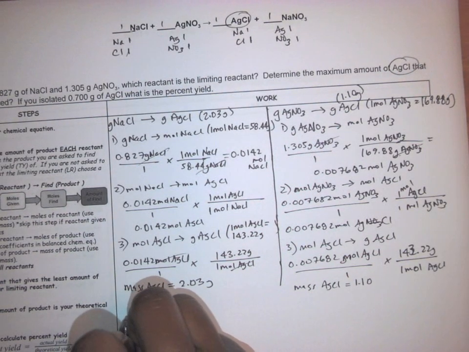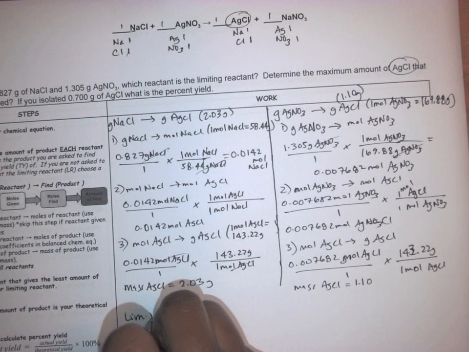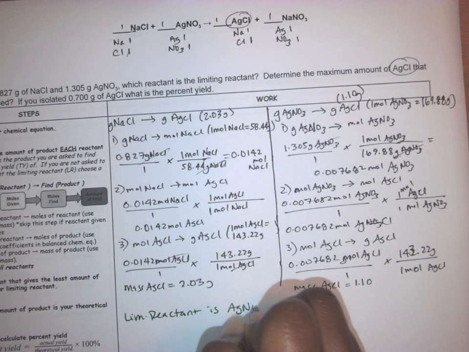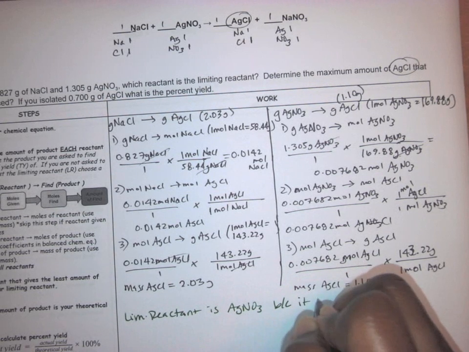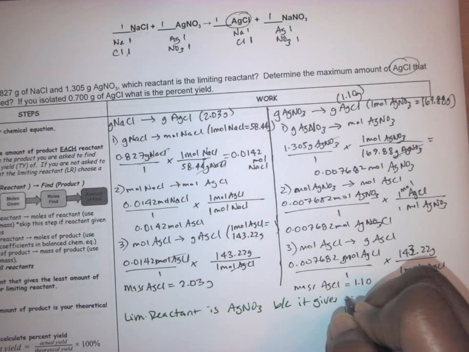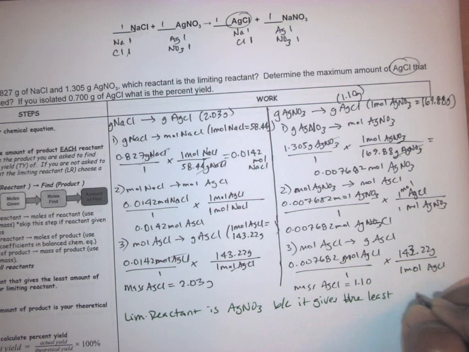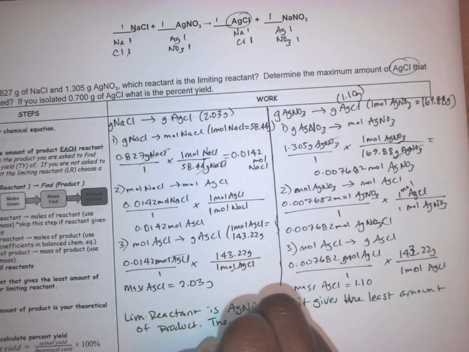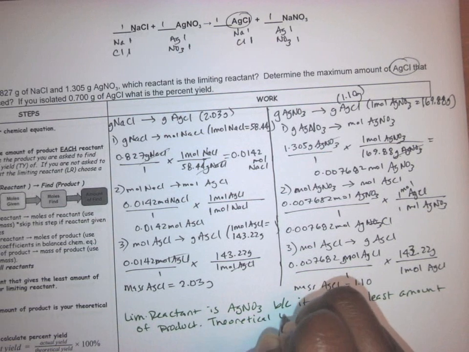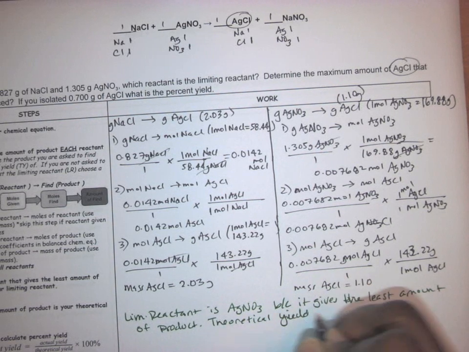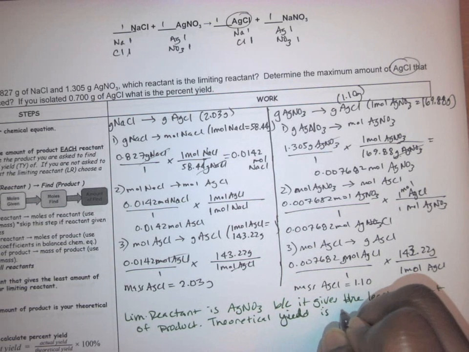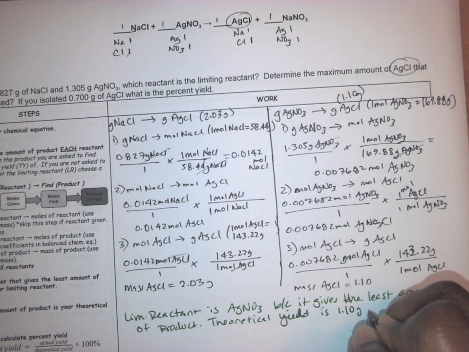So that means the limiting reactant is AgNO3 because it gives the least amount of product, and the theoretical yield is 1.10 grams of AgCl.